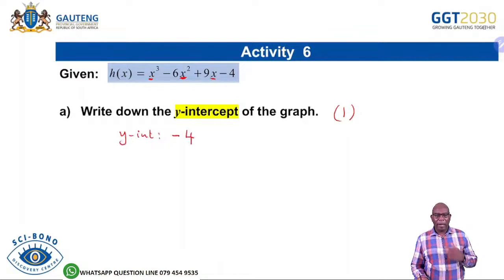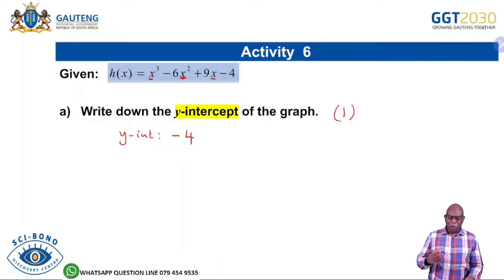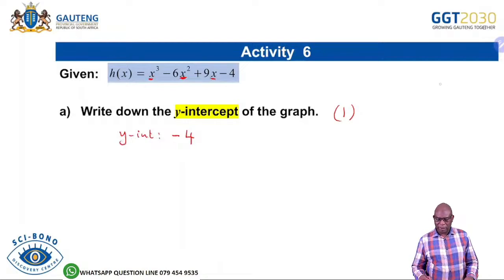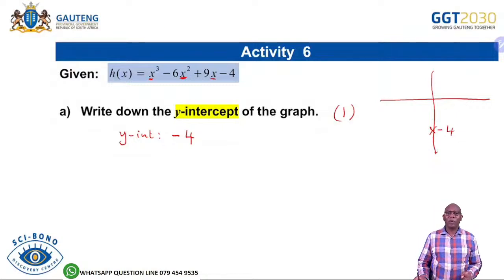What I want to advise you to do is, as you do this question, draw your Cartesian plane and then indicate there, my y-intercept is negative 4. Just indicate negative 4 there. Already you know that you have a point.